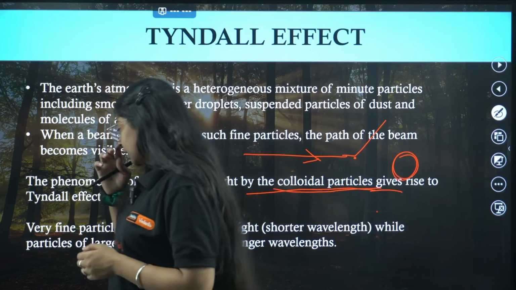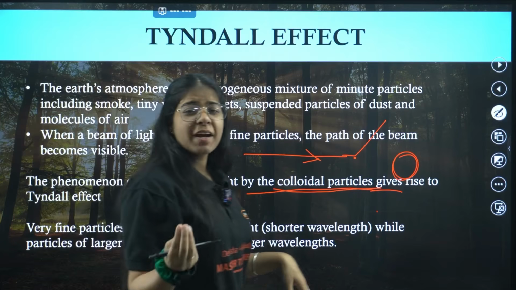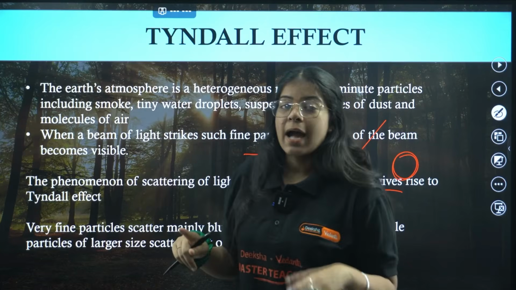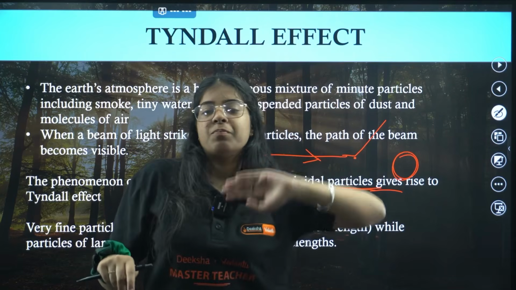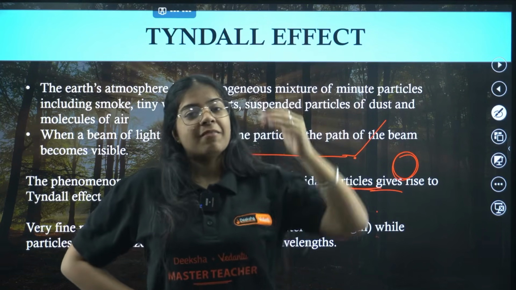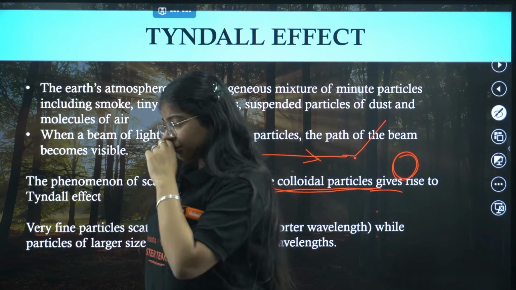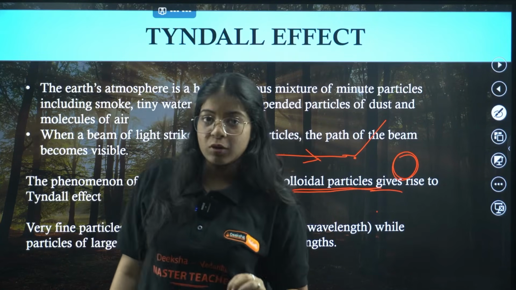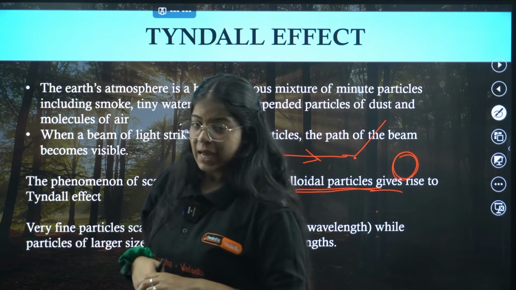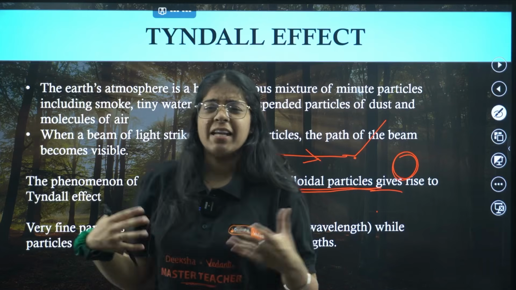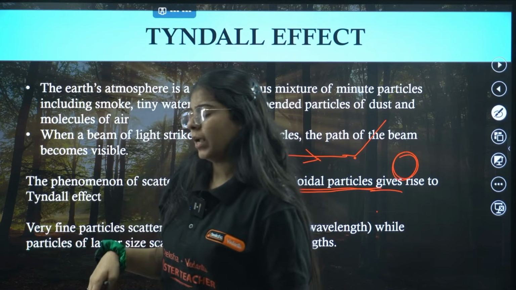Okay. So, in our atmosphere there are very fine particles. Now, in white light we have a certain number of colors. We have red, and on the other hand we have blue and violet. The wavelength of blue light is less than the wavelength of red light. And in our atmosphere, we have very fine particles whose size is comparable to blue light.